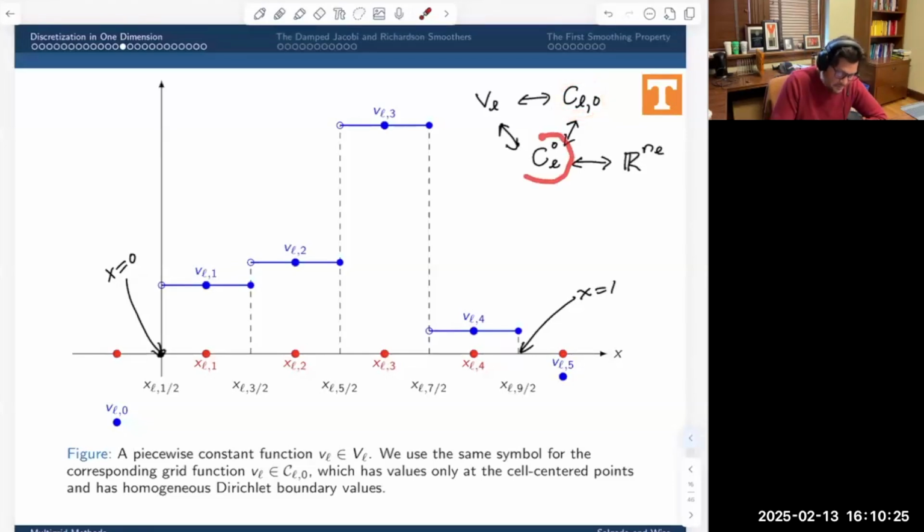What about functions from this space, CL superscript circ? This means interior. So that function is defined only at these 4 interior nodes, 1, 2, 3, 4.